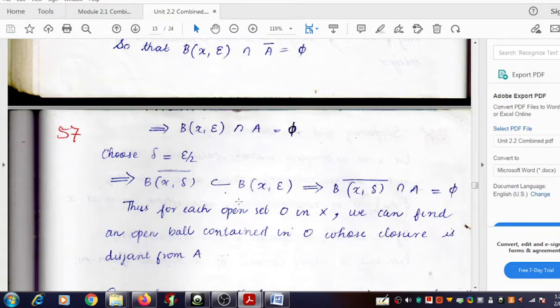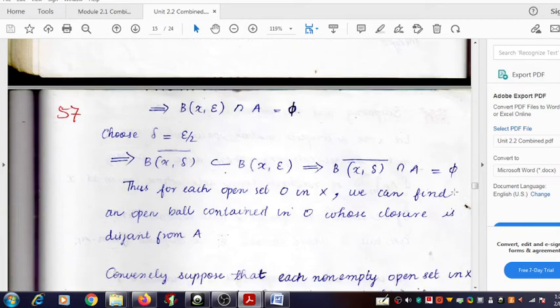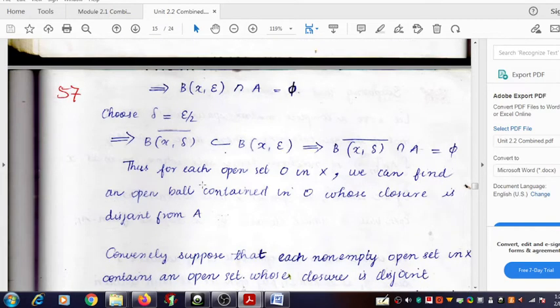That implies that the closure of B(x, delta) intersection A is empty, because B(x, epsilon) intersection A is equal to the null set. Since this closure is a subset of that open ball, the closure of B(x, delta) intersection A is also equal to empty.